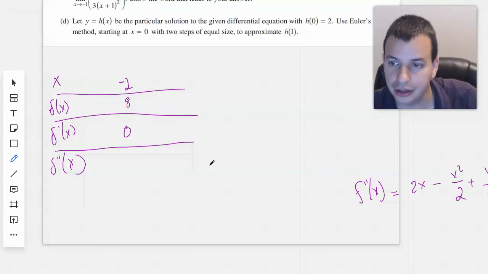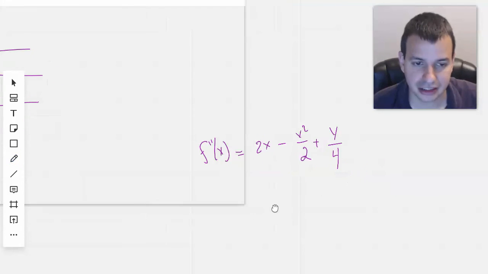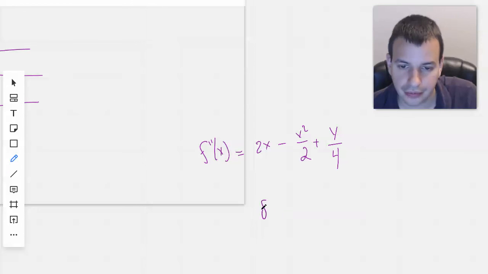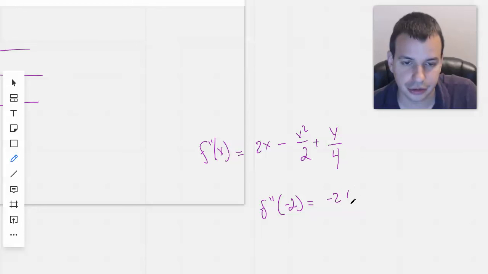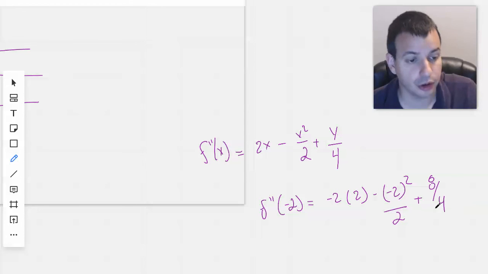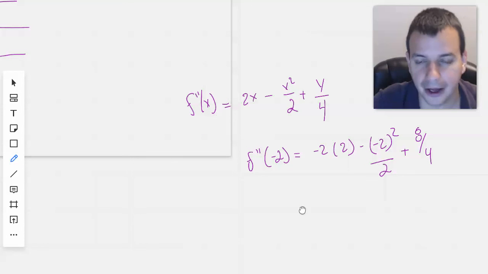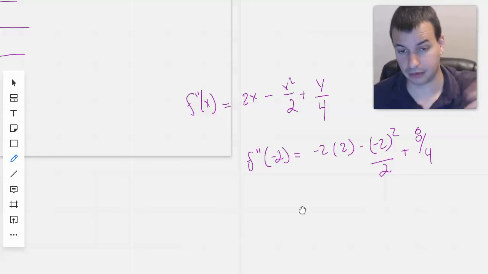So we need to find out, does this have a maximum, minimum, or not? What we do then is use our second derivative, f''(x). We do f''(-2) equals -2 times 2, minus (-2) squared over 2 plus 8 over 4. What we did was plug in -2 and 8 for our second derivative.